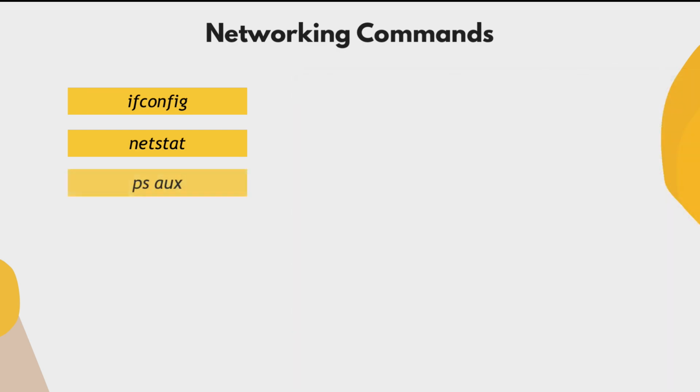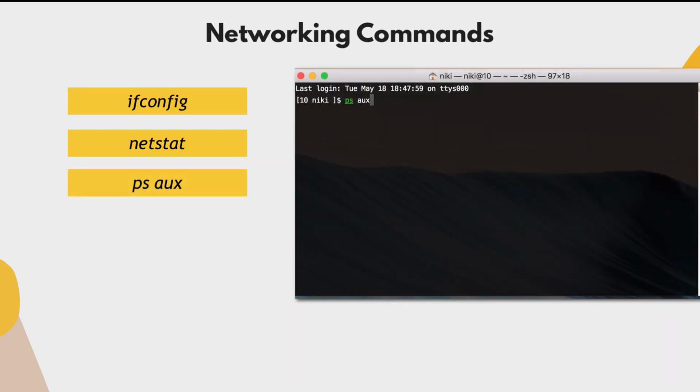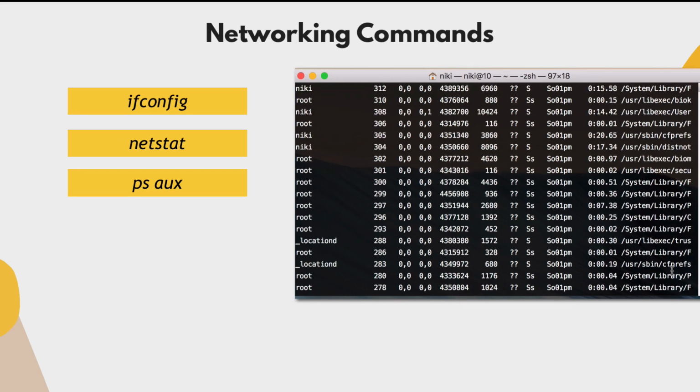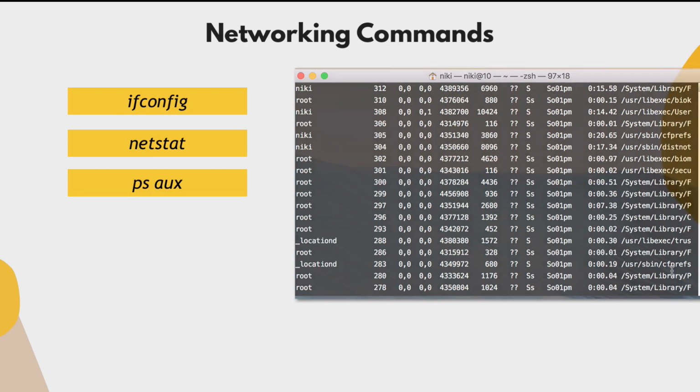You can also check current running processes and programs and their information, including on which ports they're running, as well as how much computer resources they are consuming, using a ps aux command.